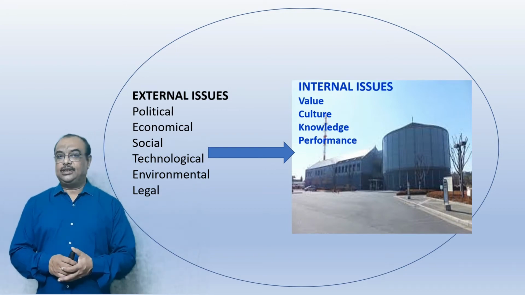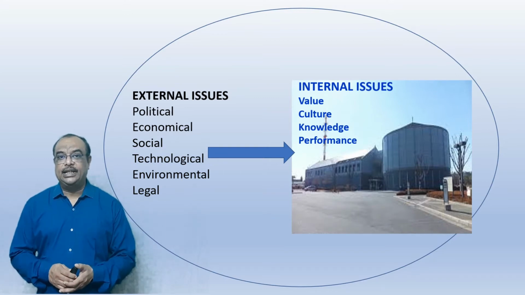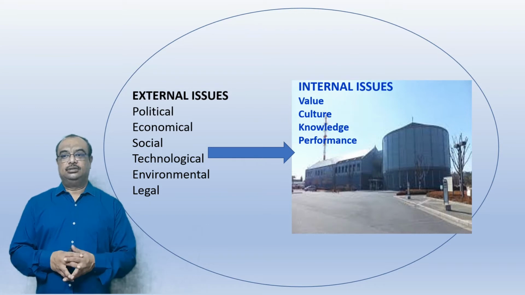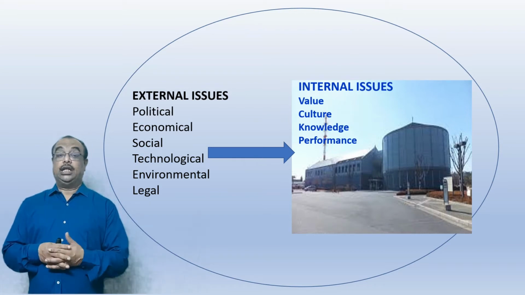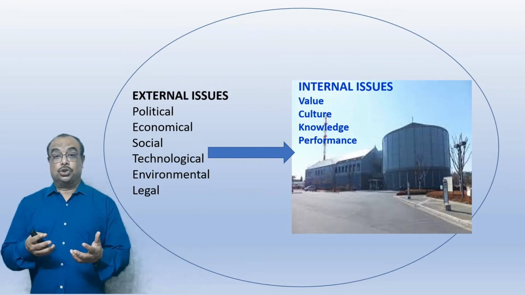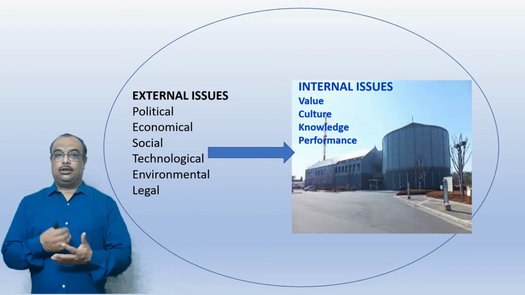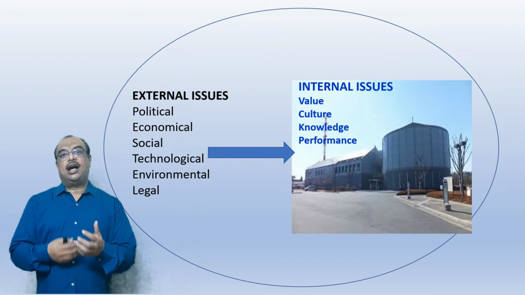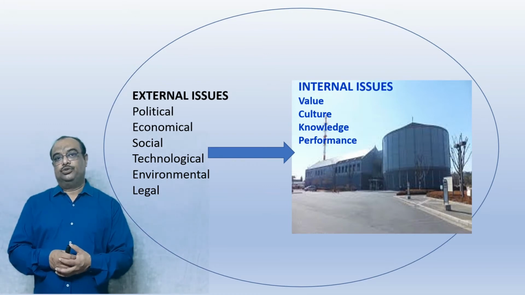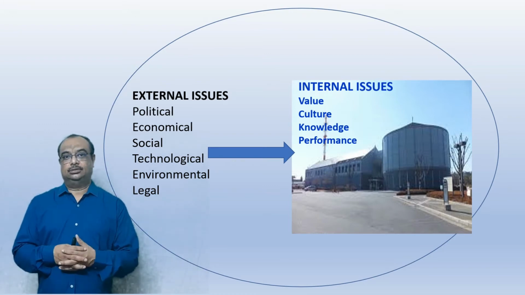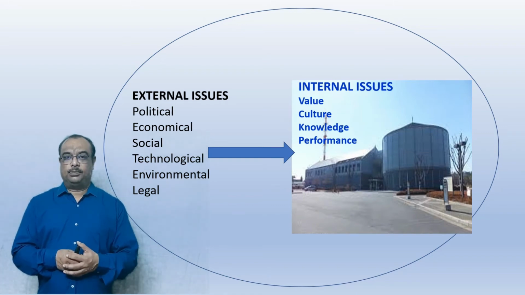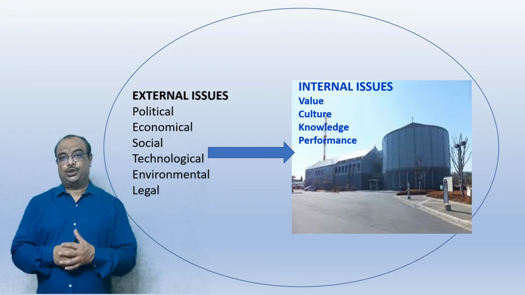So let's understand the external issues and the internal issues. The external issues could be political, economical, social, technological, environmental, and there are some issues which are part of legal. These are some kinds of external issues, but not all the issues.